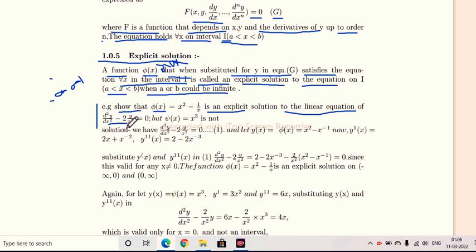This is the differential equation. But another function, psi(x) equal to x cube, is not an explicit solution of this differential equation. Since we have the differential equation d square y by dx square minus 2 times y by x square equal to 0, say this is equation 1.